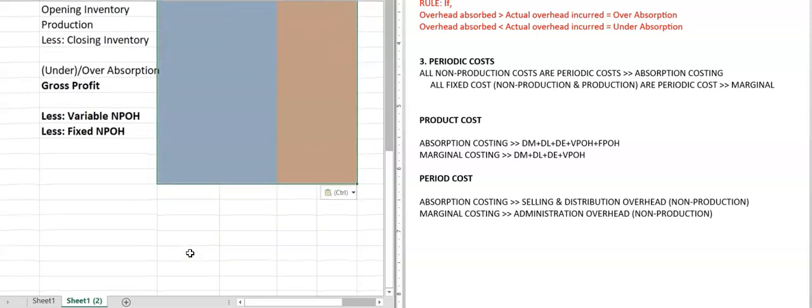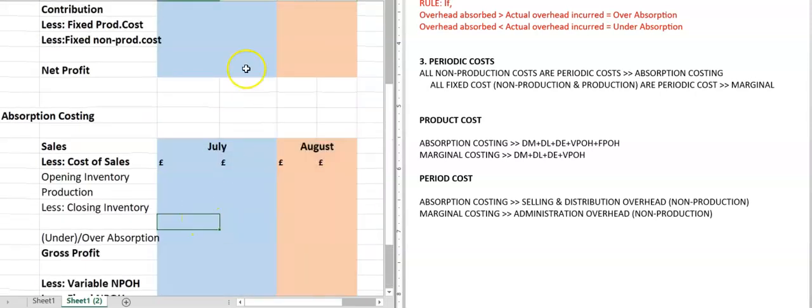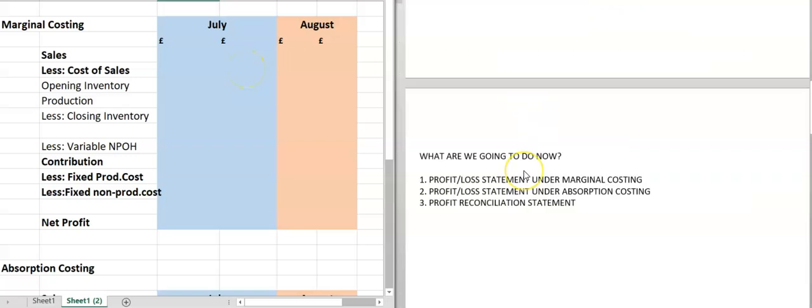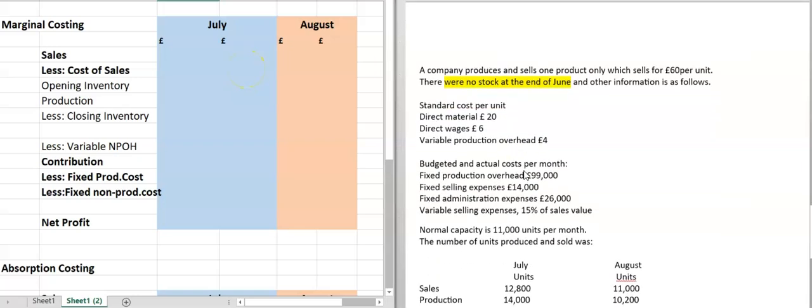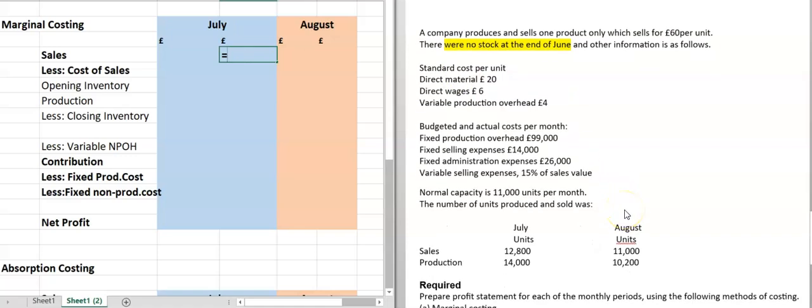The same thing here. Right. So they are saying, first of all, you need to calculate the sales under marginal costing. How much is the sale? They are saying the sales units for the month of July is 12,800 units.